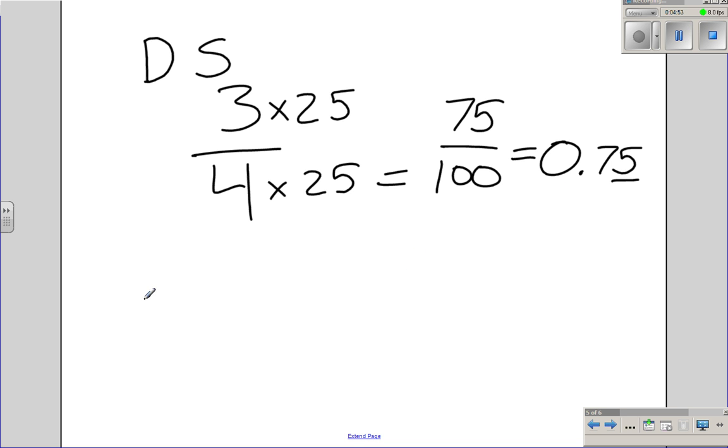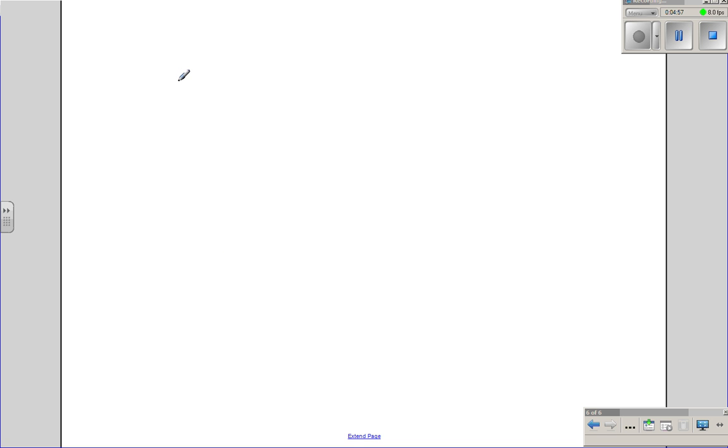So, one more example problem. 32 sevenths. First question, is this problem going to have a whole number part? Well, is it a mixed number? No. Is the numerator bigger than the denominator? Yes.